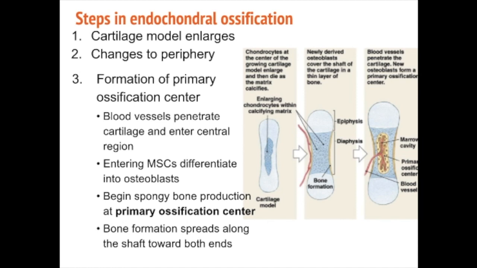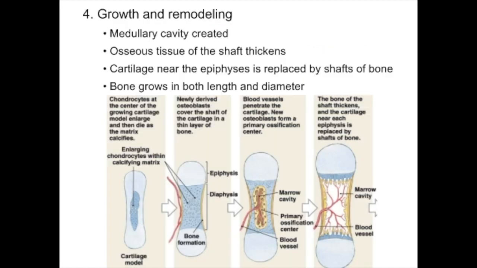As the formation of the long bone continues to progress, we go through a period of growth and remodeling in which the medullary cavity will be created in the long bone. So the spongy bone that had been laid down by the primary ossification center is degraded, and the central area becomes filled with that red bone marrow.